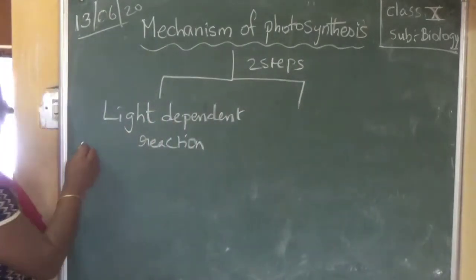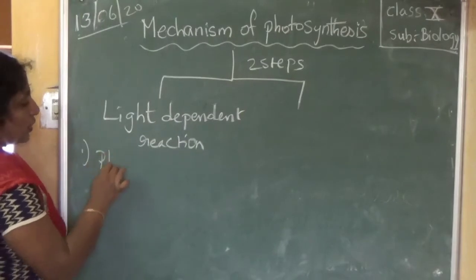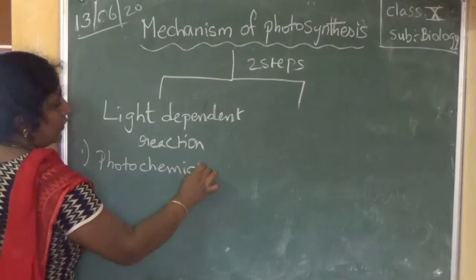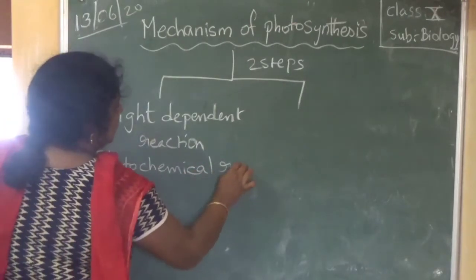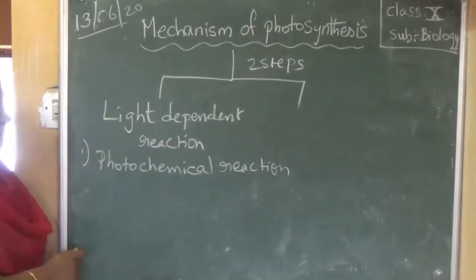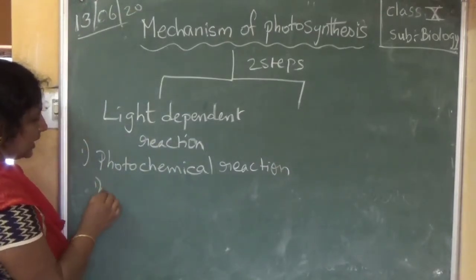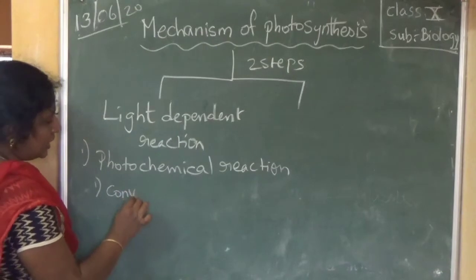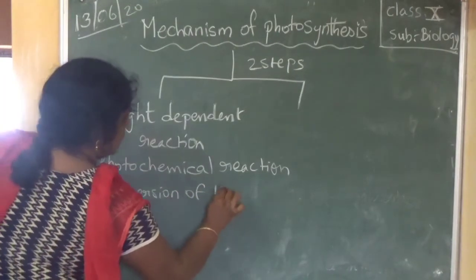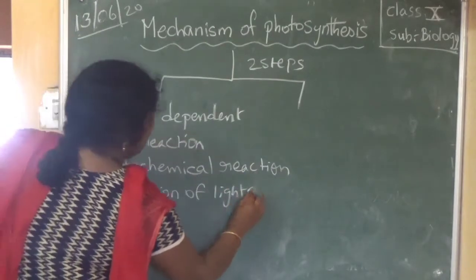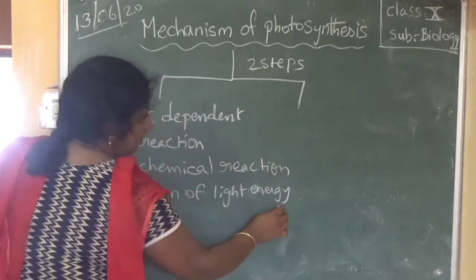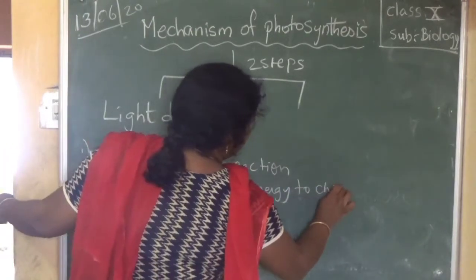Light dependent reaction is also called photochemical reaction. And it has three steps. First step is conversion of light energy to chemical energy.